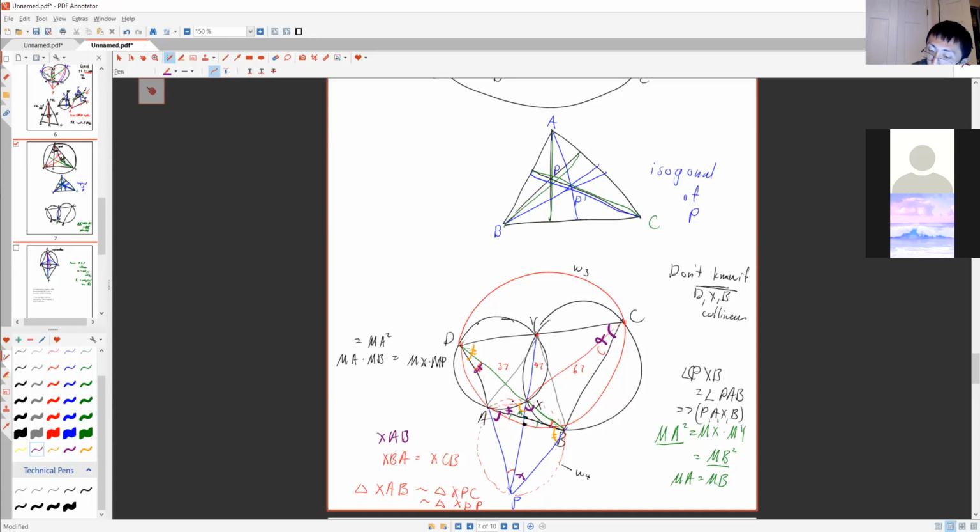P, B, C are collinear because, hang on, P, B, C are collinear. So PAB, we can find XP and then try power of a point on M. Okay, let's see.